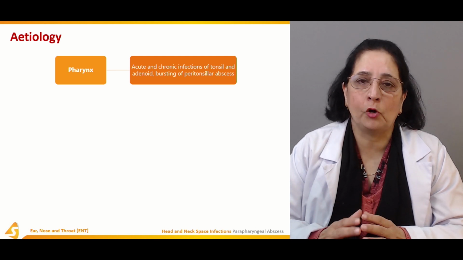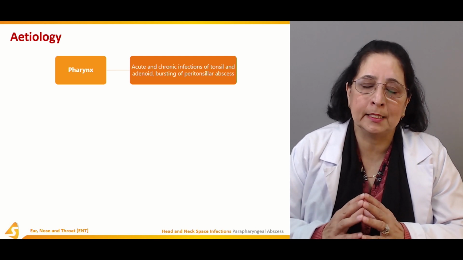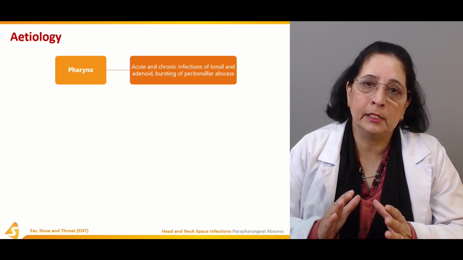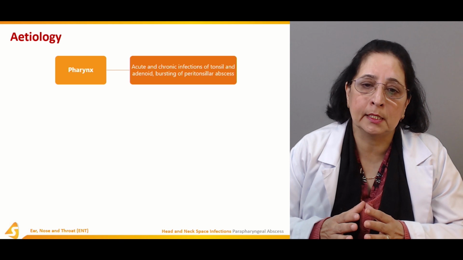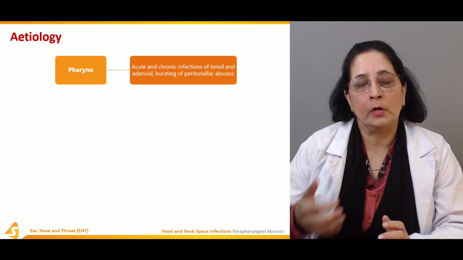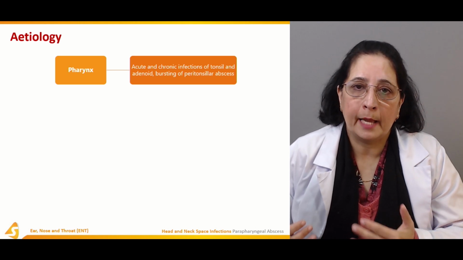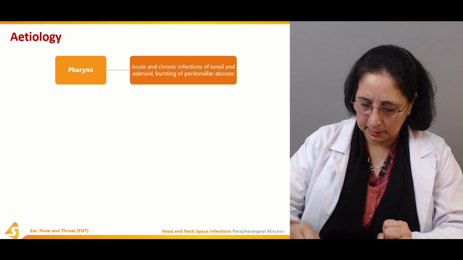We already talked about peritonsillar abscess, which is in the space between the capsule and the superior constrictor muscle. If that bursts out and it moves, then it can cause the abscess in the parapharyngeal space.